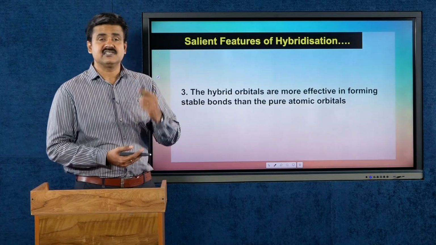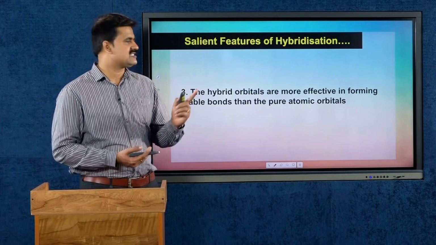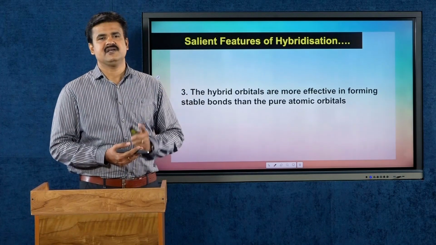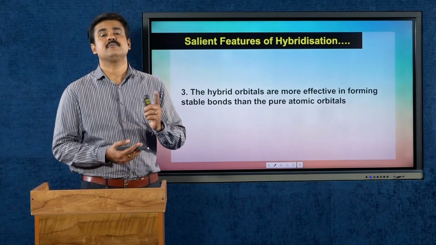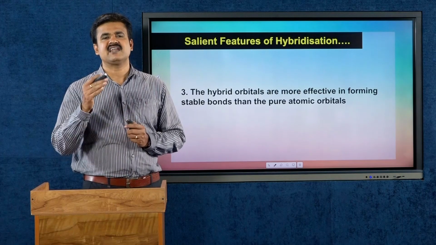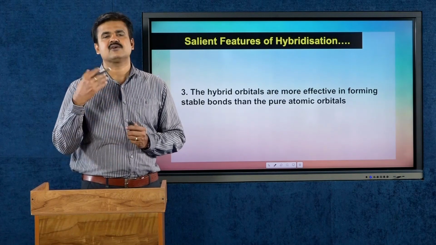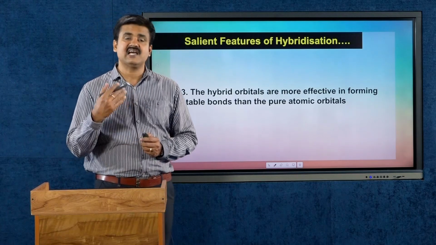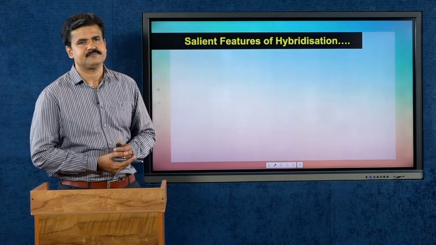Now, the third salient feature of hybridization is here. The hybrid orbitals are more effective in forming stable bonds than pure atomic orbitals. That is, hybrid orbitals have higher efficacy in covalent bond formation compared to unhybridized atomic orbitals.